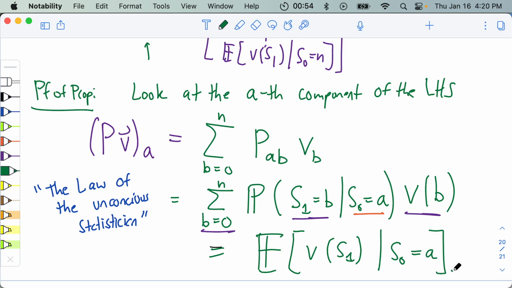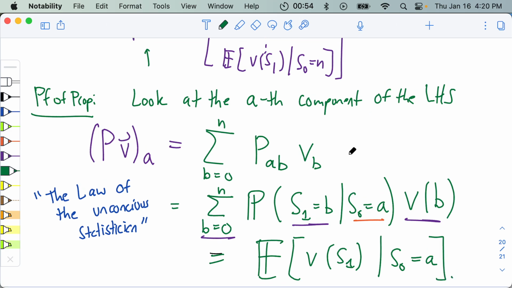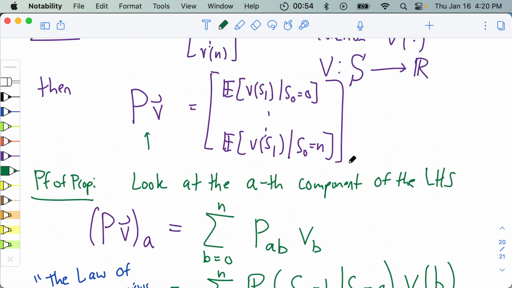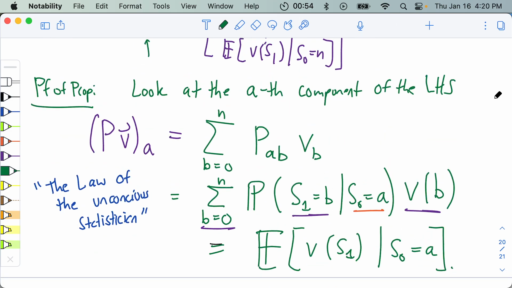Okay, so that's the Ath component. And the general statement is to look at all the components all at once as a vector. You can either do it component by component or as a vector. Either way, that's the story. Questions or comments about the proof? So this is the Kolmogorov backwards equation, which again is just using basic facts about probability theory.